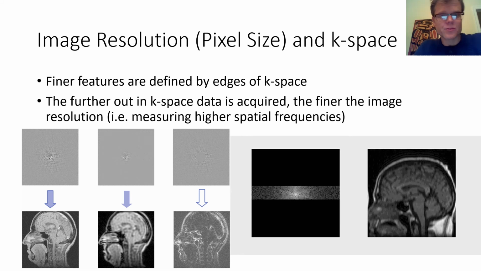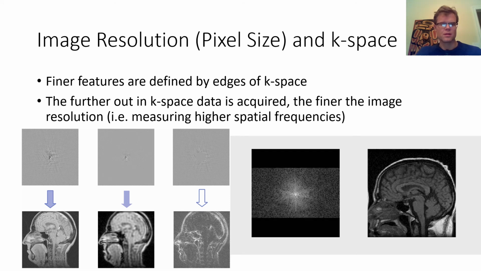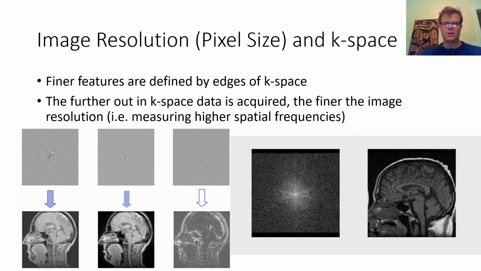Okay, so that covers field of view. Next, I want to cover image resolution or pixel size. As we're now getting used to, the finer features of the images are really defined by the edge of k-space. The other way to think about this is the further out in k-space where we acquire data, the finer the resolution that our image is going to have.